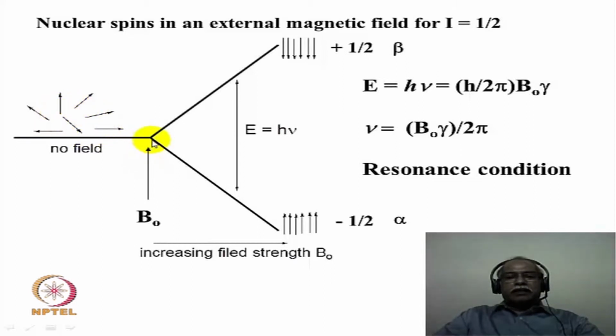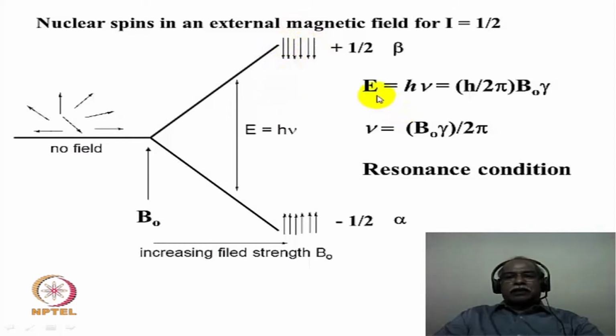As soon as the magnetic field is applied, energy levels are set up for the ground state and the excited spin states, corresponding to the minus half and plus half states of the spin of the nucleus. This energy gap corresponds to h nu, and you can see a certain population in the ground state and a certain population in the excited state.